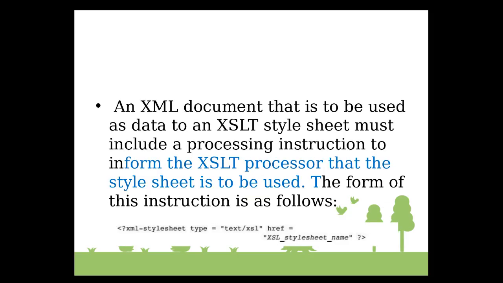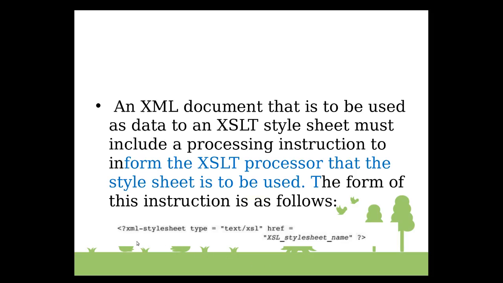An XML document that is to be used as an input to this XSLT style sheet must give an instruction to the XSLT processor that the style sheet is to be used for presenting the document. This instruction has the format like this.